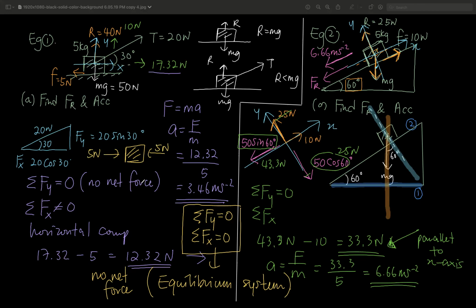So for a 2-dimensional system to be in equilibrium, oops, this is 1 dimension. For a 2-dimensional system to be in equilibrium, what is the condition? Sum of vertical is 0, sum of horizontal is 0. That is an equilibrium system. Okay, so is this 2D system in equilibrium?